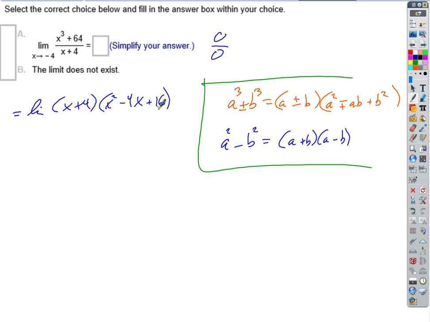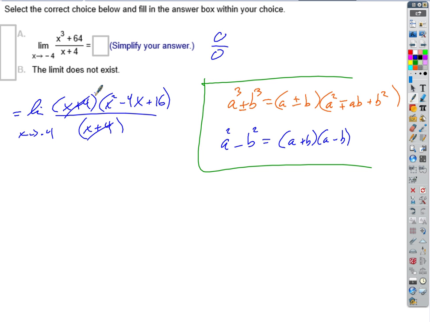So if a is x, b is 4, there's our x plus 4 times x squared minus x times 4, which is 4x, plus 4 squared, okay? Divided by x plus 4 as x approaches negative 4. And you can see that the x plus 4's would cancel, right?